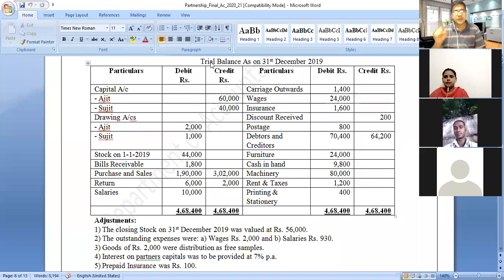The first effect: less prepaid from insurance. It means the profit and loss account debit side, insurance is there, and from this insurance we deduct the prepaid. This is the first effect. Second effect: prepaid is an advance paid, extra we paid, so it is our asset. Therefore, prepaid insurance we have to show on the balance sheet asset side.